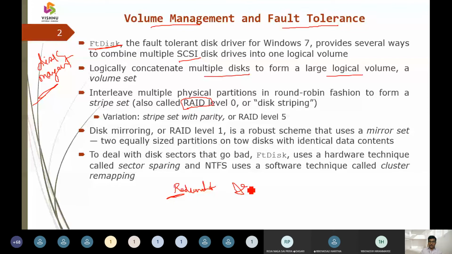We call this RAID technology, and there are 6 styles here.